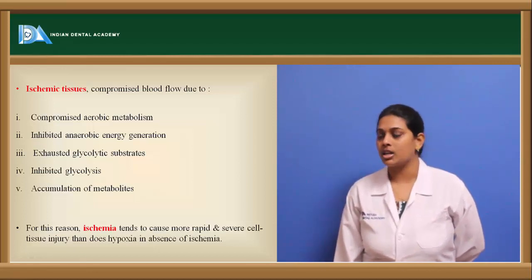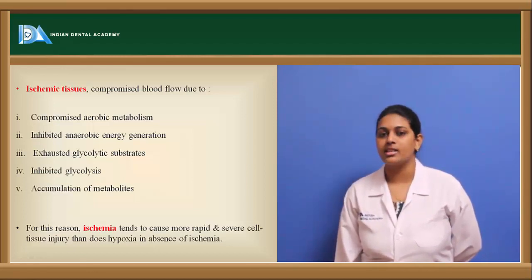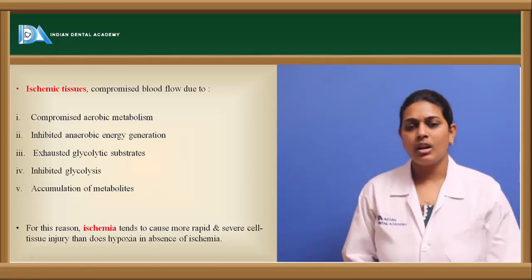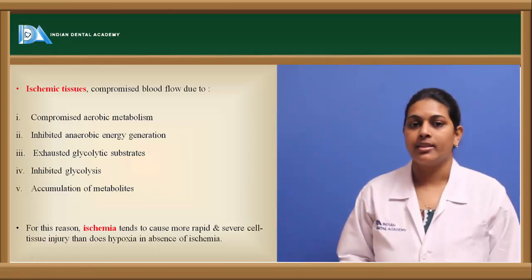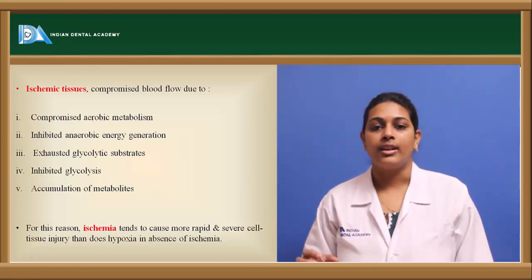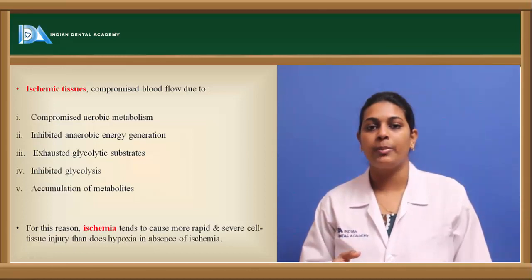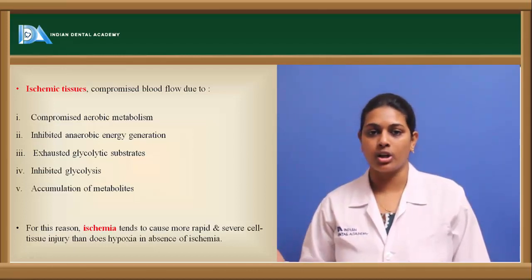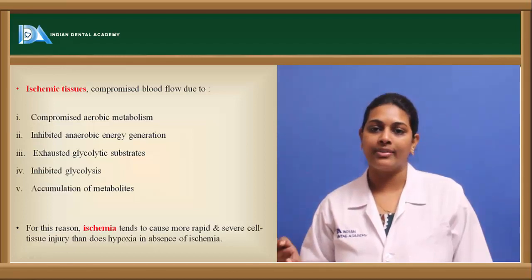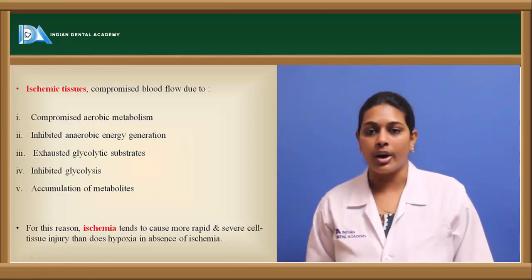And there will be exhausted glycolytic substrates. Glycolysis, the term itself, describes glycogen being broken down: glyco, glycogen, and lysis, broken down. This glycogen will be broken down and converted into ATP.